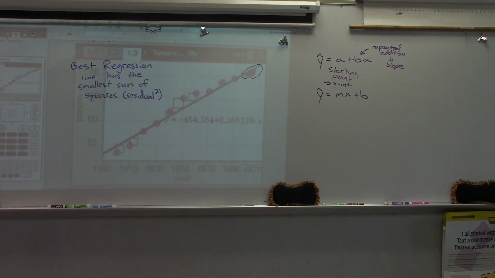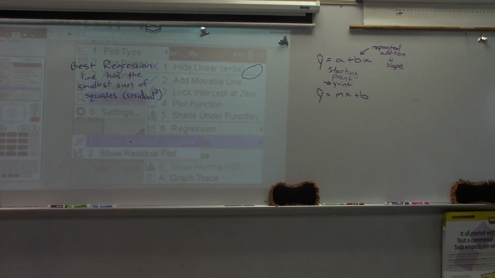Is it okay if I went back through menu and then showed the sum of squares again? That's a great question. Would it be a good idea to show sum of squares again? Yeah, let's show that again. So once you get your linear regression, do we all now have the same equation? Does everyone have a y-intercept of negative 454 and a slope of 0.266? No, sir. Okay, I got 41 now. So we're going to analyze residuals.